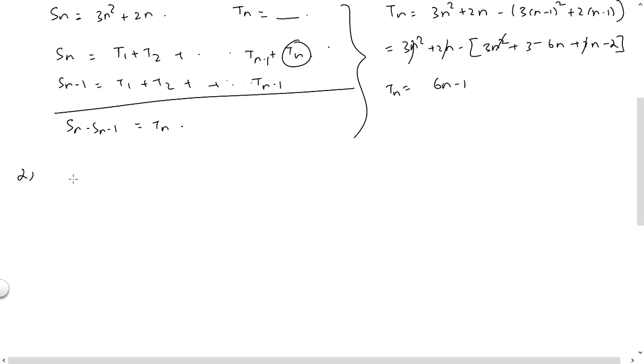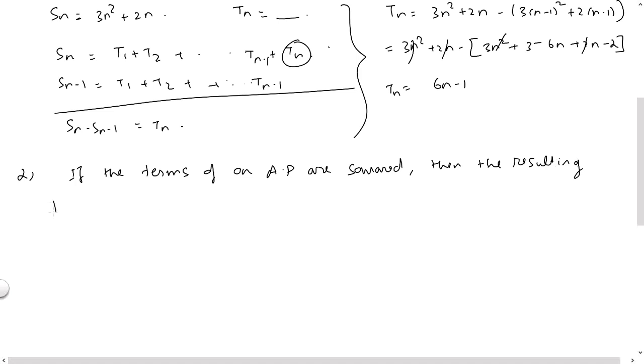For example, the question may go like this: if the terms of an arithmetic progression are squared, then the resulting terms are in AP. I mean, like if you have to determine true or false. So how would we determine this?